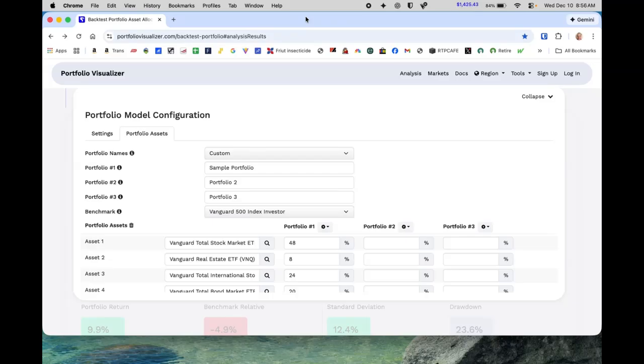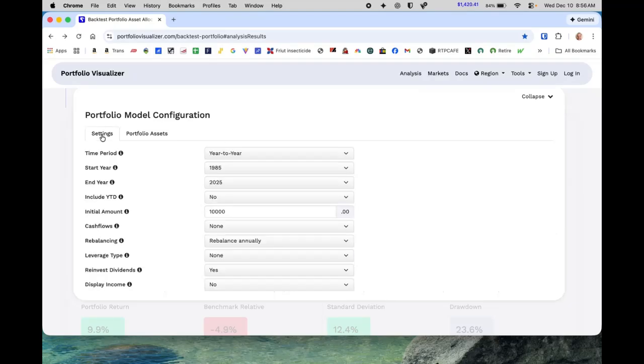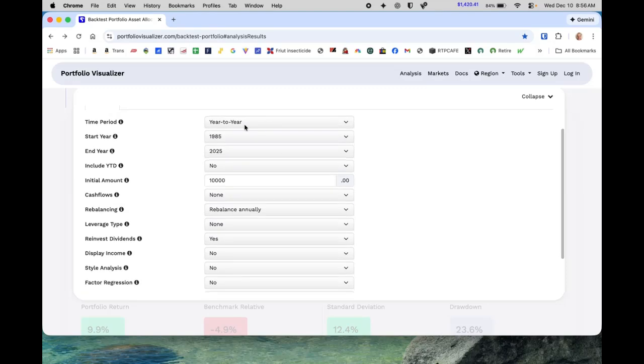It's pointless. So, this is the way I look at the portfolios that are suggested, and it's a backtesting visualizer, so it's just going to tell me what the portfolio did over time. Okay, so it has a lot of cool settings. You can do it year to year or month to month.